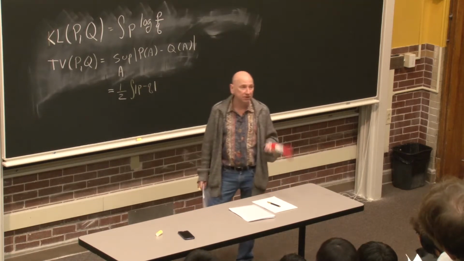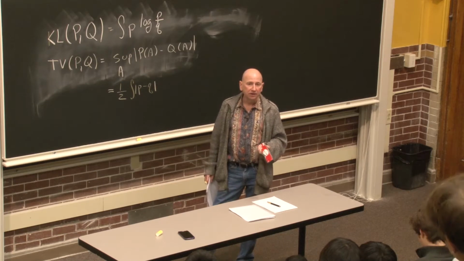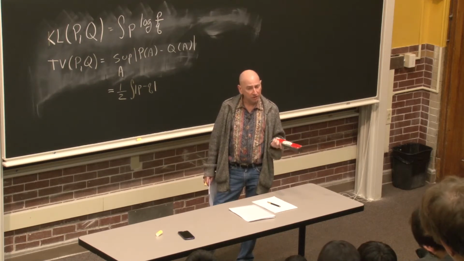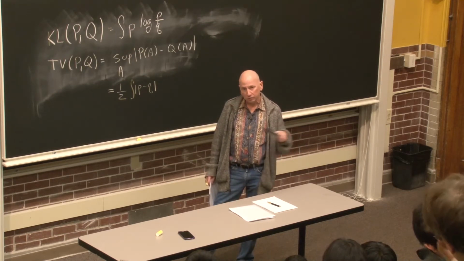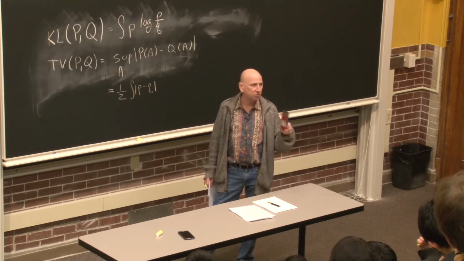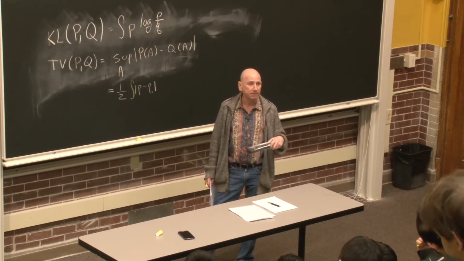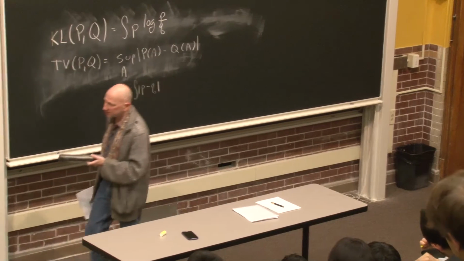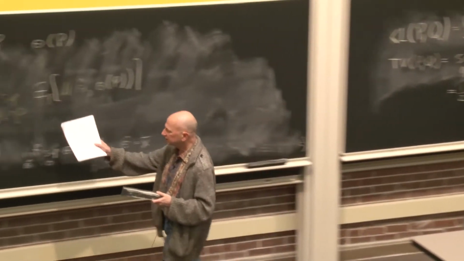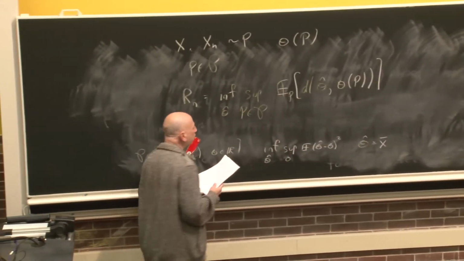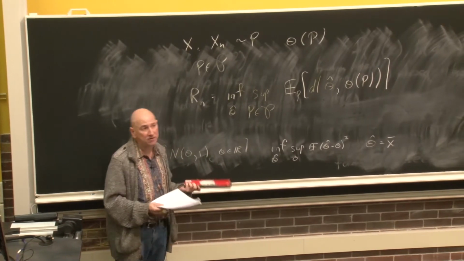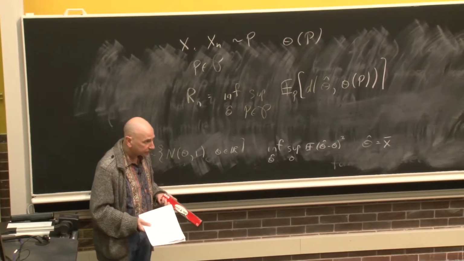Being able to measure the difficulty of a computing problem is just sort of a theoretically useful thing. So you know these are hard problems, these are easier problems, and so on. It gives you insight. That's the same thing with minimax estimation. Figuring out the minimax risk is just a way of quantifying, oh, this is a very difficult problem, or this is an easy problem, and so on.